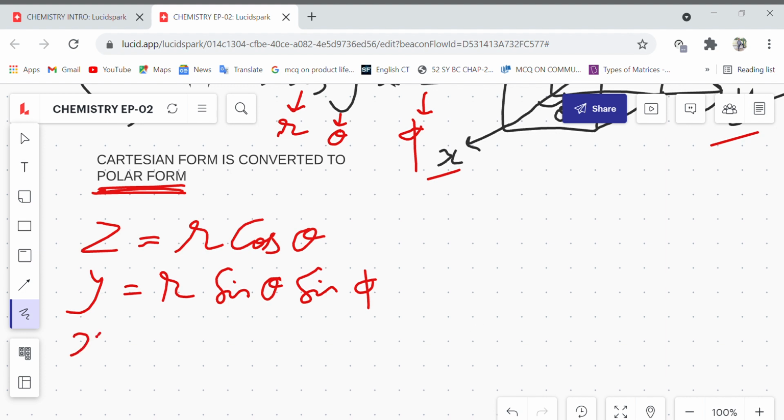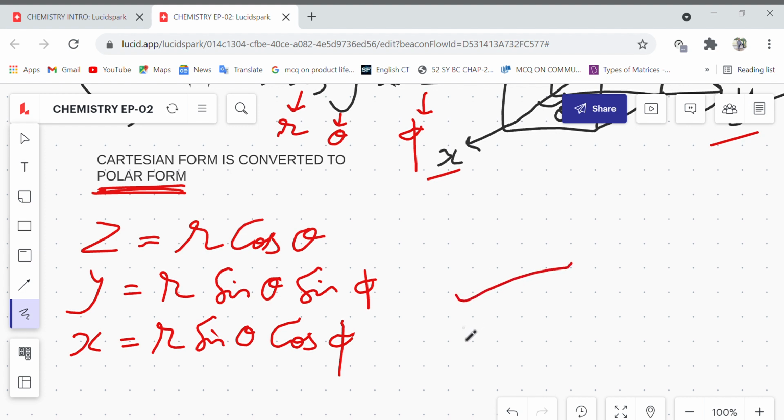X can be written as R sin theta into cos phi. So this is about the fact. Written? Okay. Till here we complete.